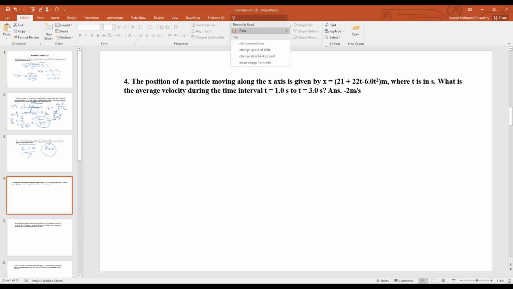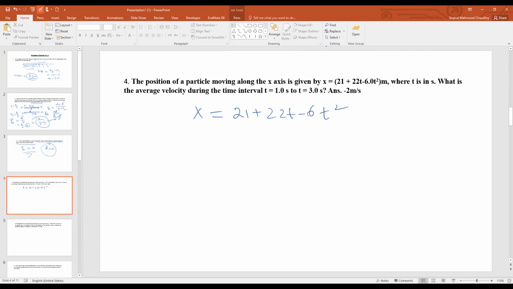After this, the position of a particle moving along the x-axis is given by x equal to 21 plus 22t minus 6t square. What is the average velocity between t1 equal to 1 second and t2 equal to 3 seconds?